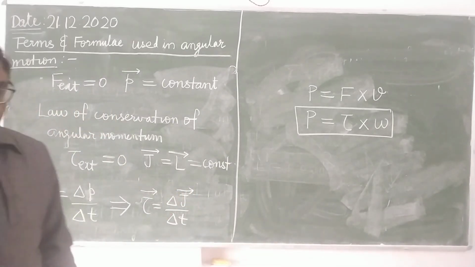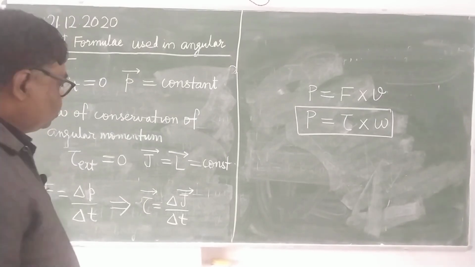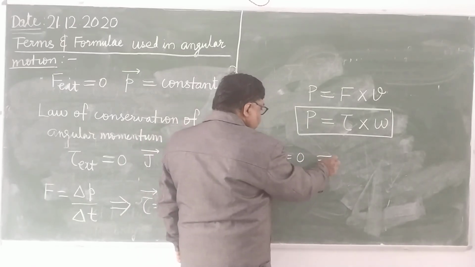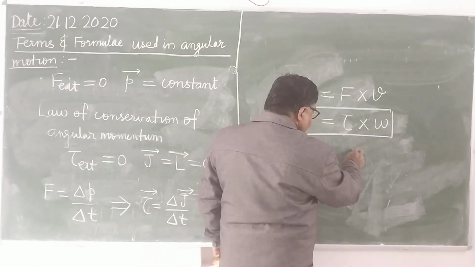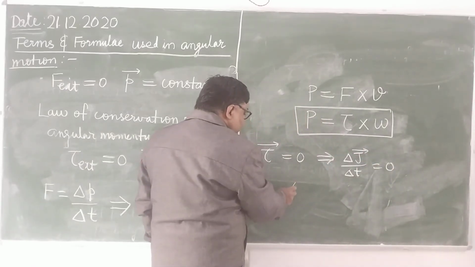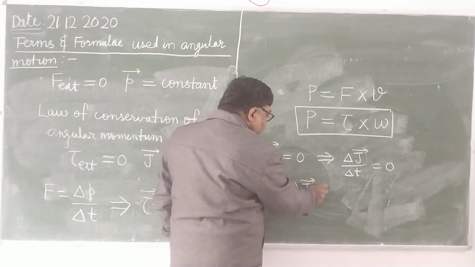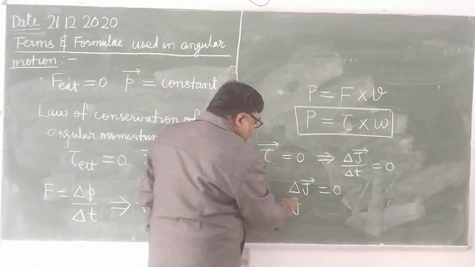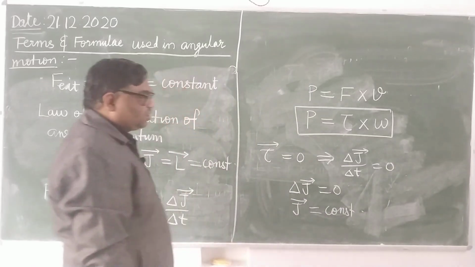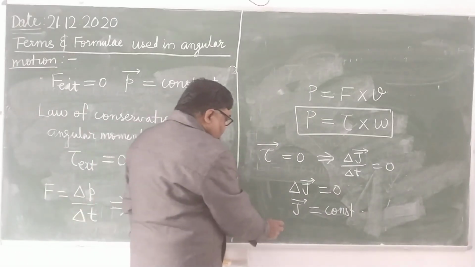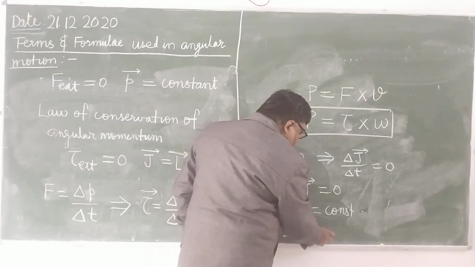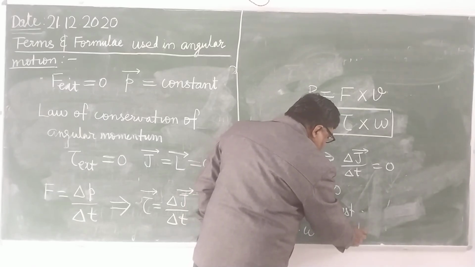So when tau equals 0, delta J upon delta T will be equal to 0. This 0 means delta J, the change in angular momentum, is 0, and change in angular momentum is 0 means J is constant. It's clear? It means you can say that I into omega will be constant. I omega equals constant. It's clear?